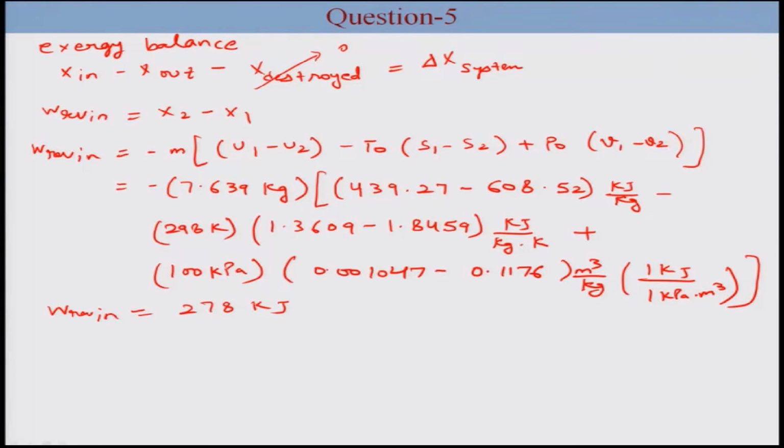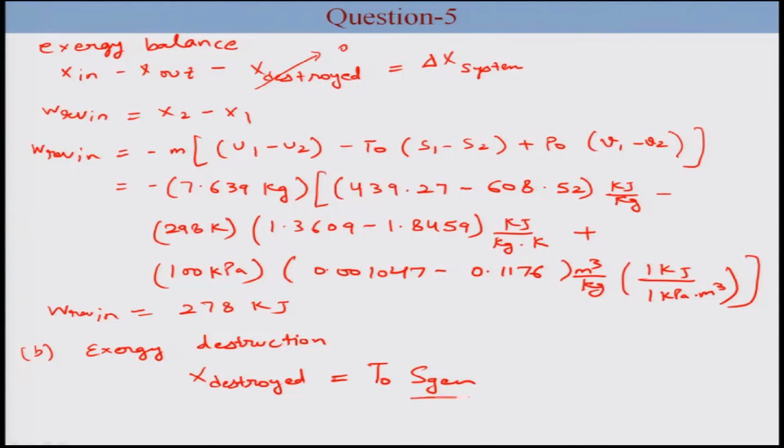Now the second part is we have to calculate the exergy destroyed during this process. So exergy destruction can be determined from its definition as exergy destroyed is equal to T0 into S gen, where the entropy generation is determined from the entropy balance on the cylinder, which is an insulated closed system.